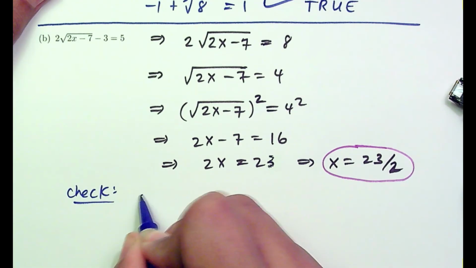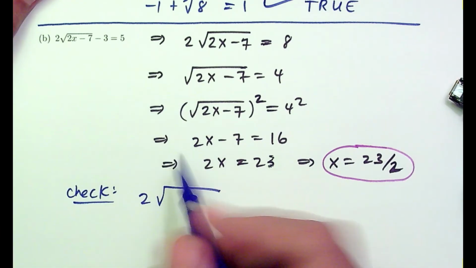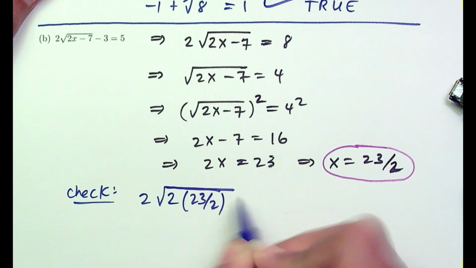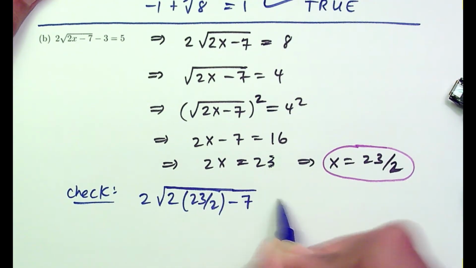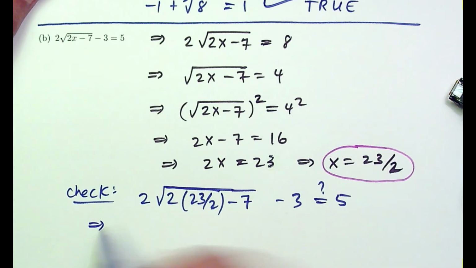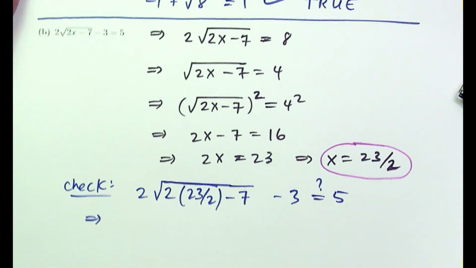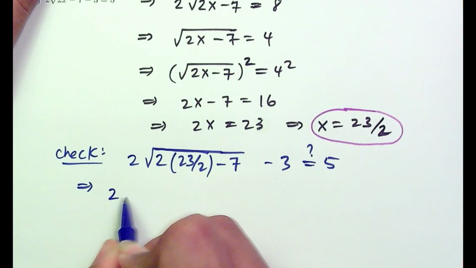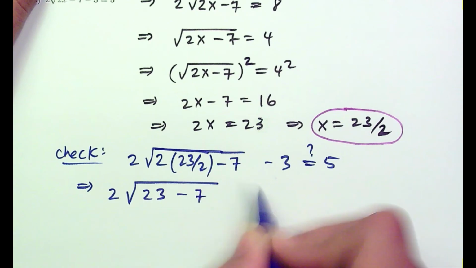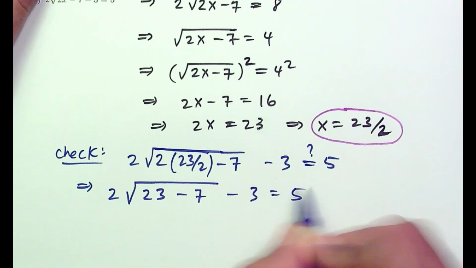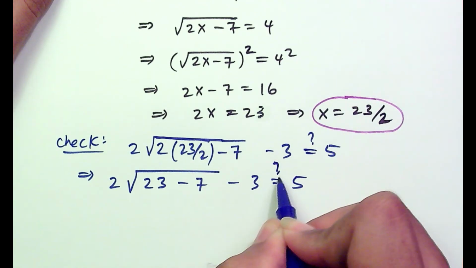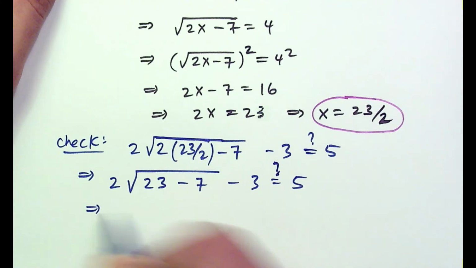So is it true that 2 times square root of 2 times 23 halves minus 7, minus 3 equals 5? Well, the 2's are going to cancel, and you're going to get just 23. So square root of 23 minus 7, minus 3 equals 5. Is that true? Well, I don't know because it's not obvious yet.